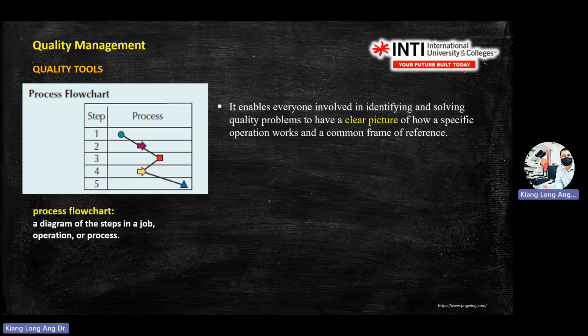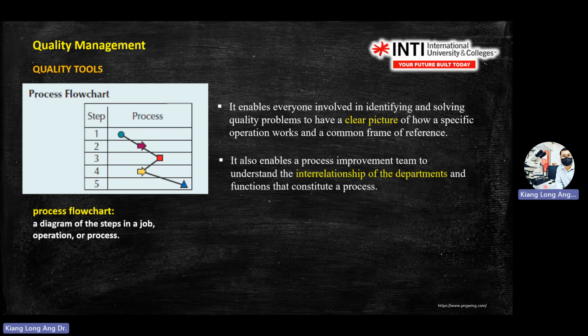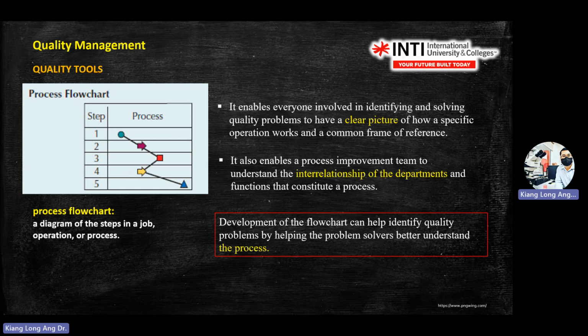It gives you a clear picture of the process, how the operation works. Then it tells you the relationship between department 1 and department 2, or station 1, station 2, station 3. So the first one is the process flow chart.